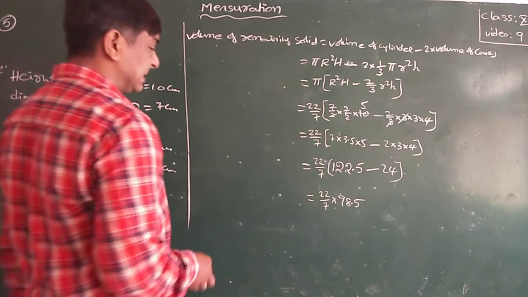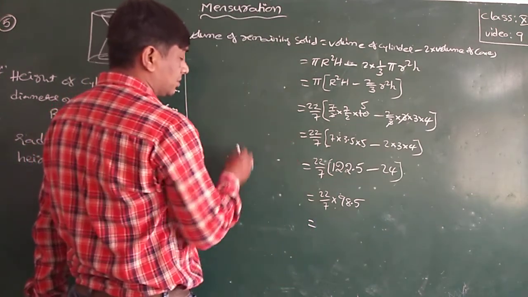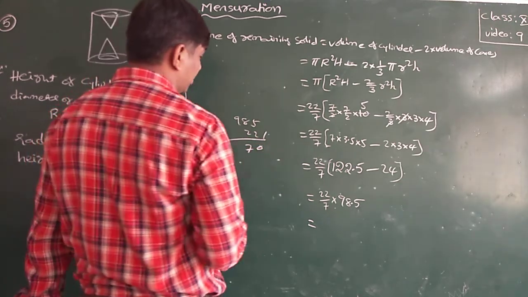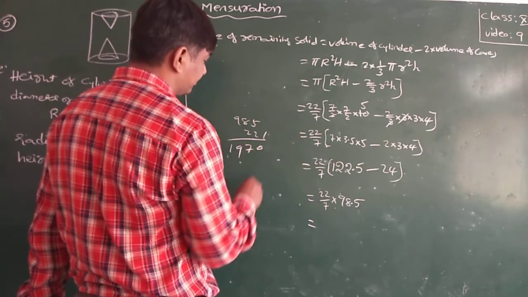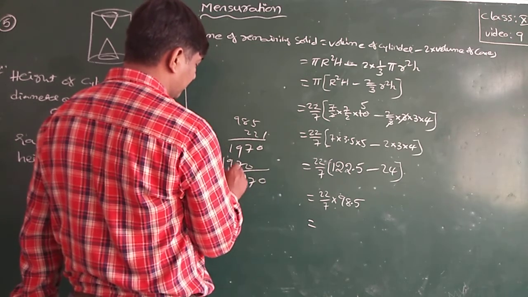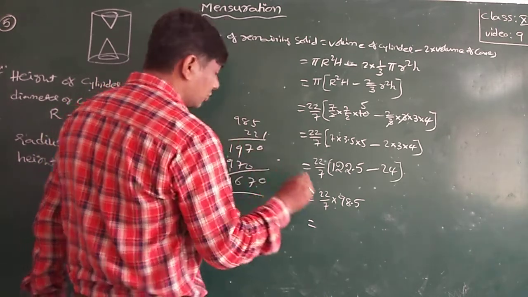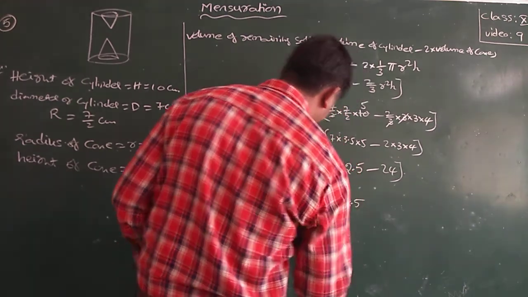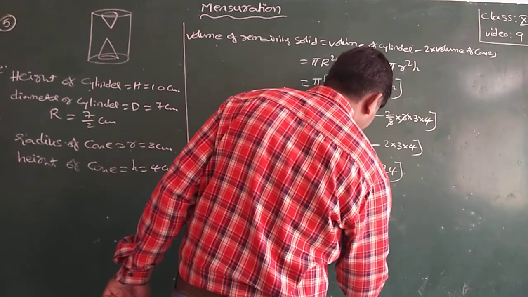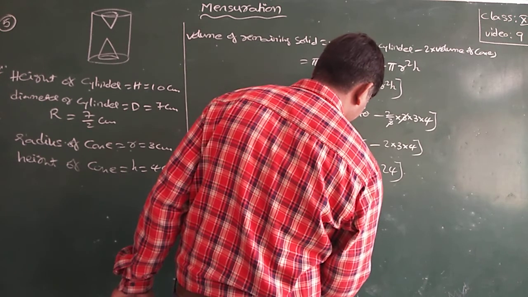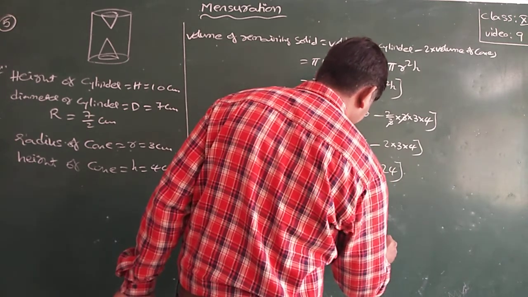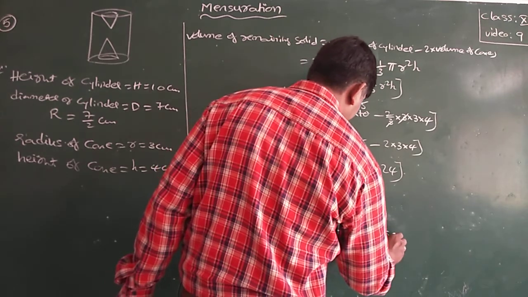Then divide 2167 by 7: 7 threes are 21, 7 nines are 63, giving 309.57 approximate value.